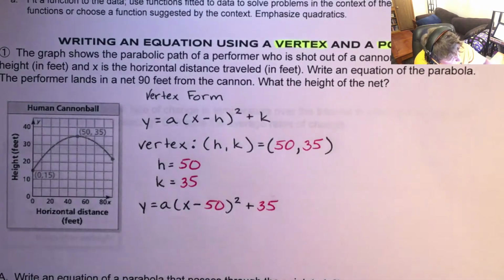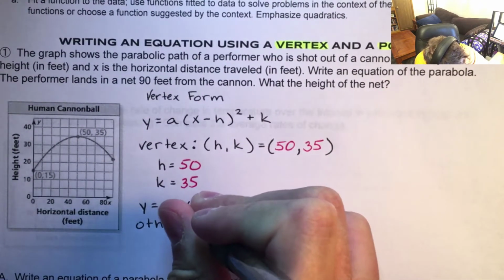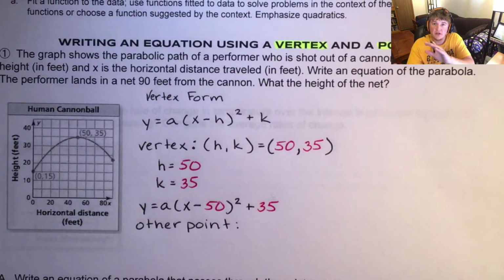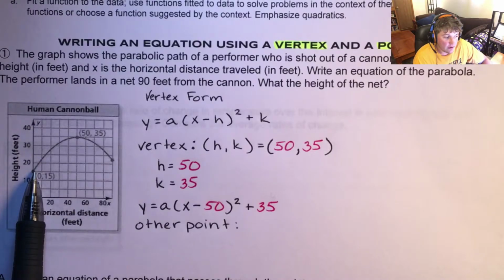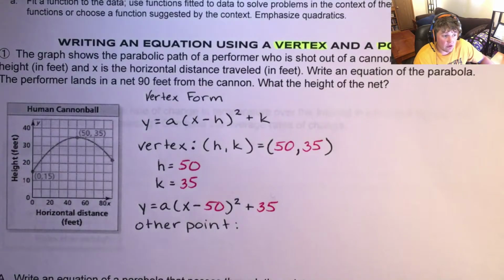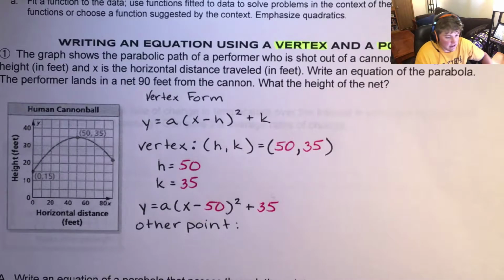So we know my other point, okay, because to have enough information, you need the vertex plus some other point, because the equation for a parabola will be specific to the vertex and one random point on the curve. And then there's only one equation that will satisfy those two conditions. So the minimum amount of information you need is the vertex and at least a point.